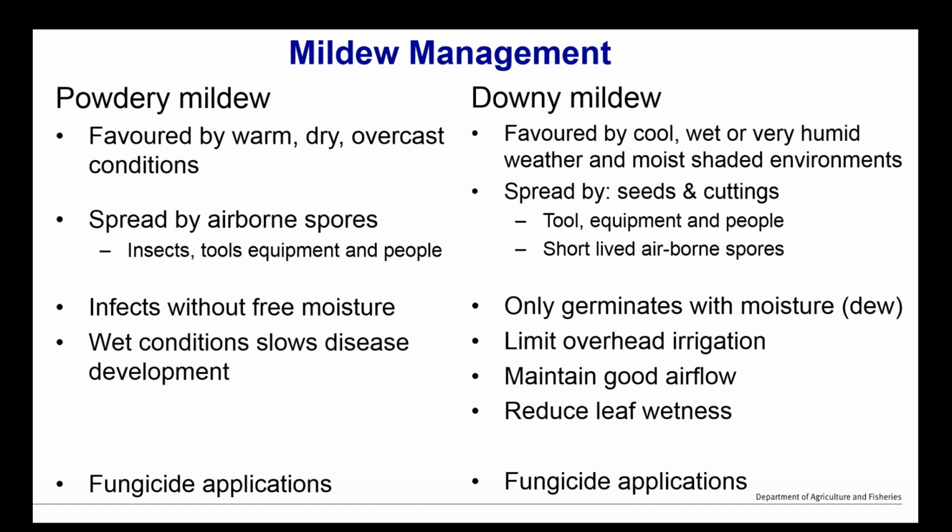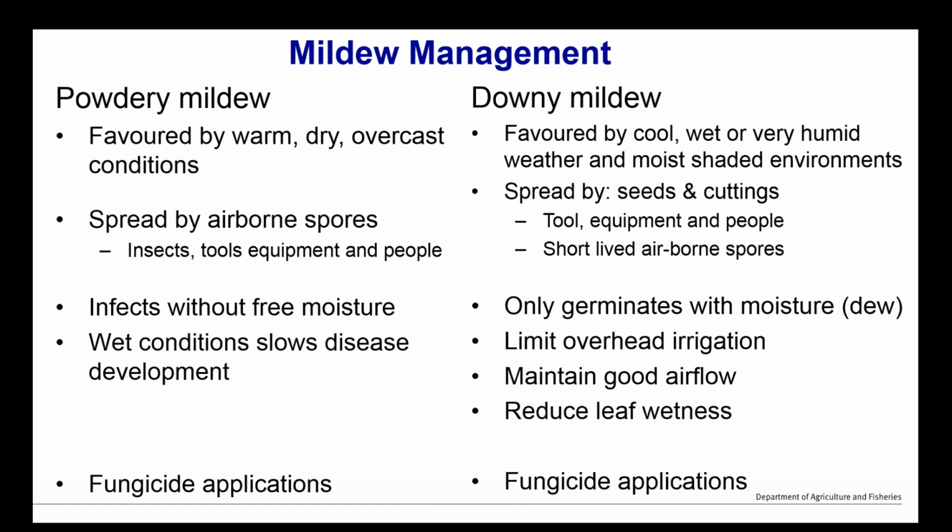Whereas your downy mildew is more typical of the fungal leaf spots that we had spoken about previously, except that it's not actually a fungus. So cool, wet, humid conditions, leaf wetness on the leaf, they will all promote your downy mildews. So if you limit your overhead irrigation, maintain good airflow, those sorts of practices that we've already spoken about will reduce downy mildew.